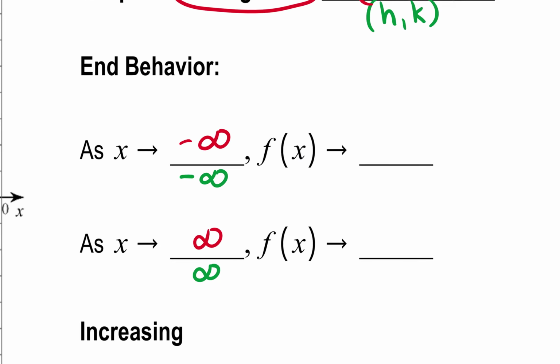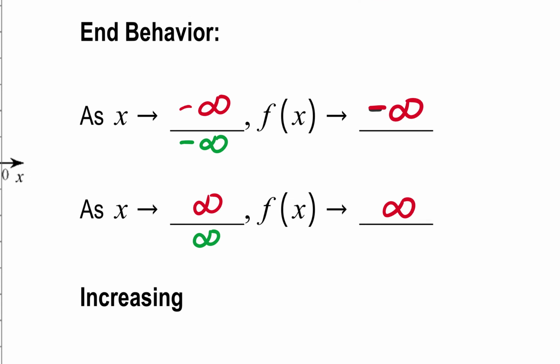So the negative infinity matches with negative infinity. And then positive matches with positive. If it was a negative infinity, these would flip. Then they'd be opposite. So negative would go to positive, positive would go to negative. That's the only difference. So if I have a positive, they match, negative, they switch. Okay? But my first two are always the same.